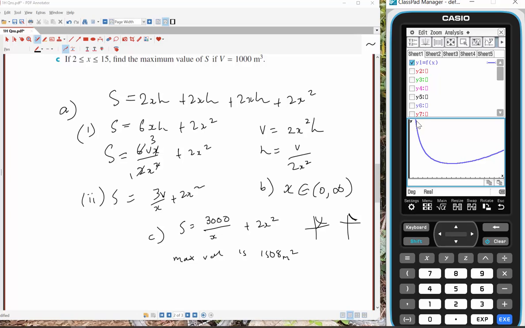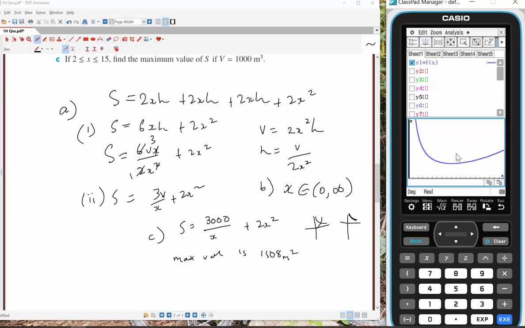Okay, so you can see what happens. It goes down and then it kicks back up again. It sort of looks hyperbolic, and at some point this parabola takes over as the higher function, and it starts to look parabolic from this point here.